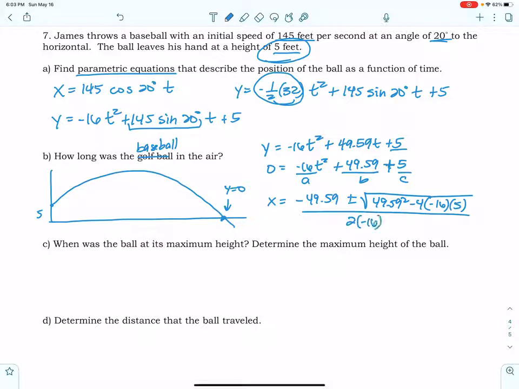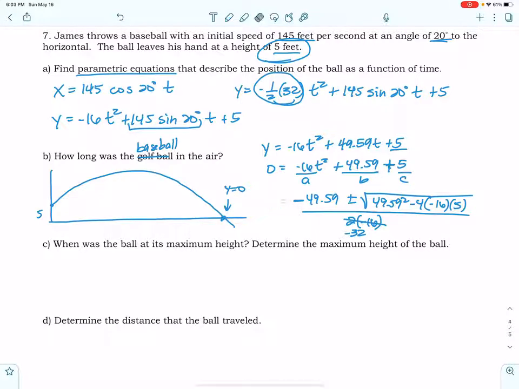Okay, now I want you to notice what's happening here. All right, this is negative. We're going to be dividing by negative 32. So in order to ensure that we get a positive value for x, which has to be positive because we don't measure time in negatives. Oh, I'm sorry, I said x, that should be a 0.